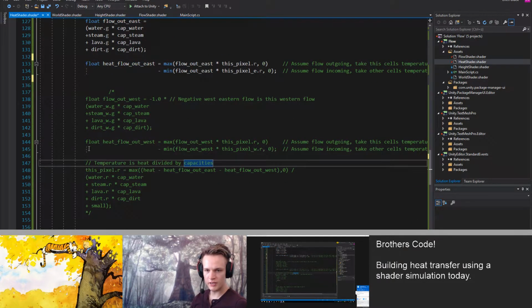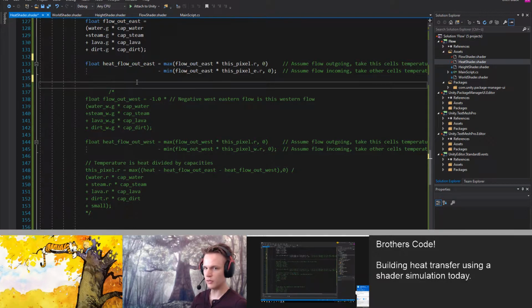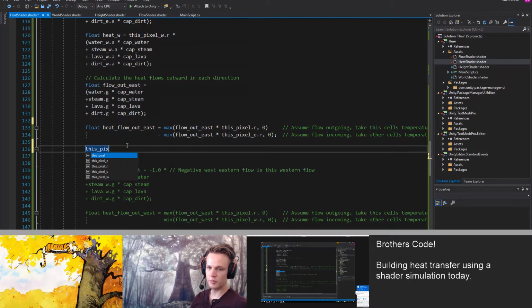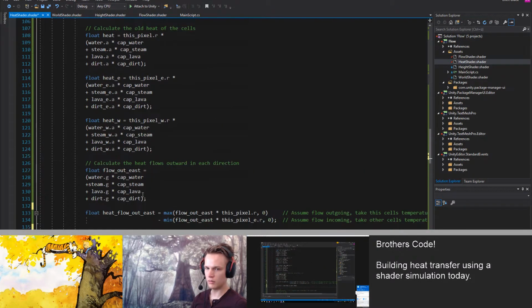What if we checked that by dividing it by your current heat and setting the R value to that? Dividing by the current heat. Right, because it should always be less than 1. The heat flow out should be less than the old value.